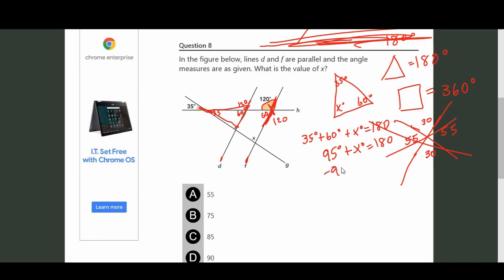Let's subtract 95 from both sides. 180 minus 95. 0 minus 5 we can't do. We have to borrow. This becomes 7. This becomes 10. 10 minus 5 is 5. 7 minus 9 we can't do. We have to borrow. This becomes 0. This becomes 1. 17 minus 9 is going to be 8. So this third angle of this triangle is going to be 85 degrees. So this is 85 degrees.